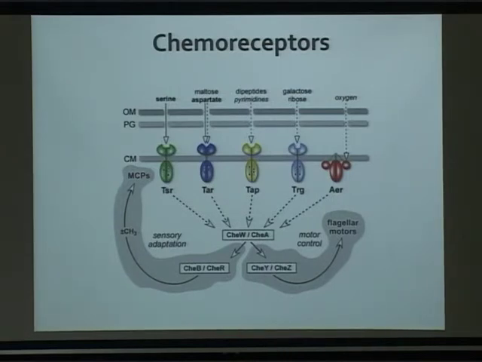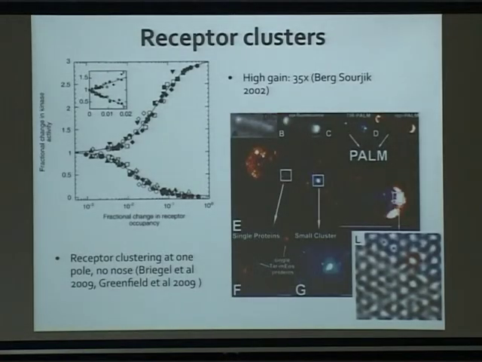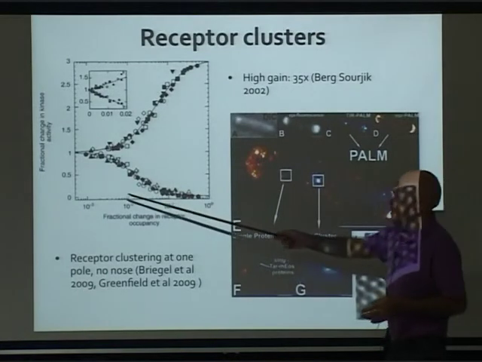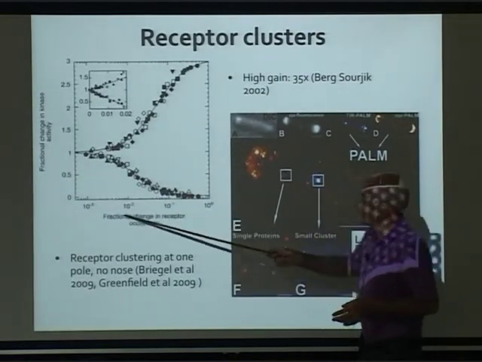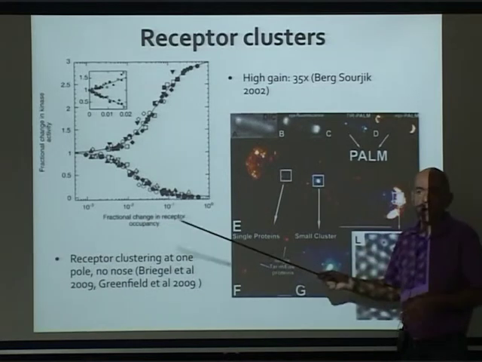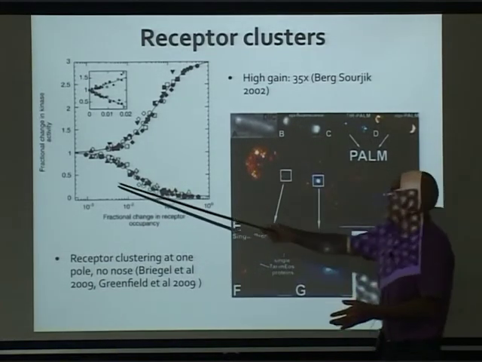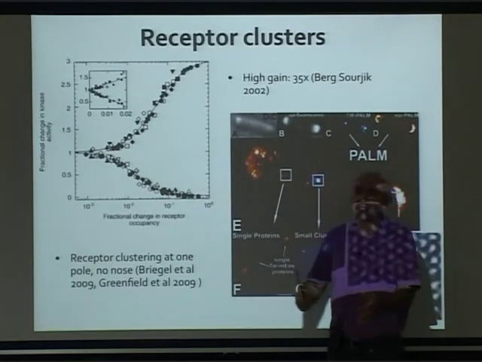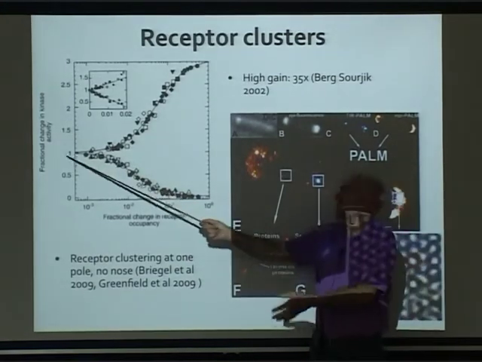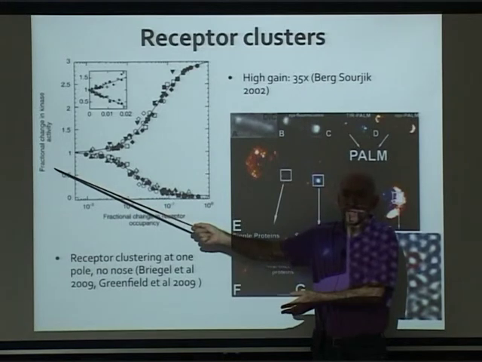And in fact, that's what bacteria do. Indeed, by FRET experiments, which is a technique to visualize proteins binding inside a cell, it's been possible to relate the fractional change in receptor occupancy, so how many ligand molecules are bound to the receptor, to the change in the kinase activity, that is the intracellular response to stimuli. Okay?